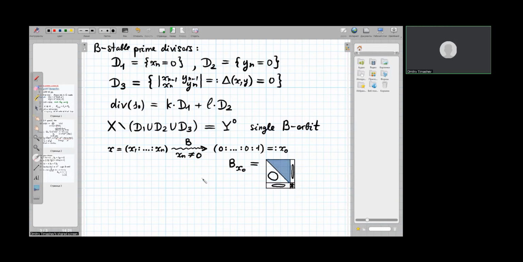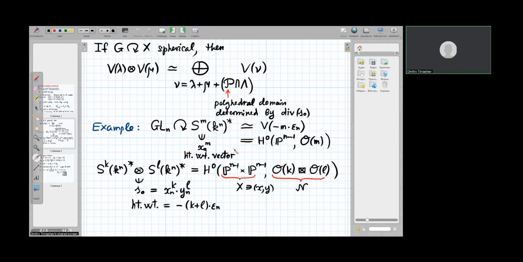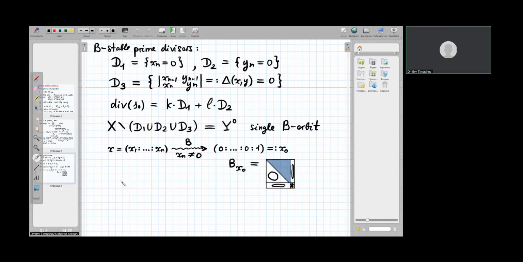And now I want to put the second component of the pair xy to a canonical form. So we have this point xy, and I want to put the second component y to a canonical form. It is also easy to do this.